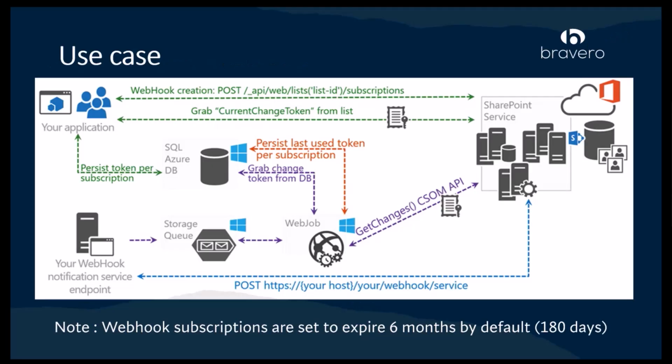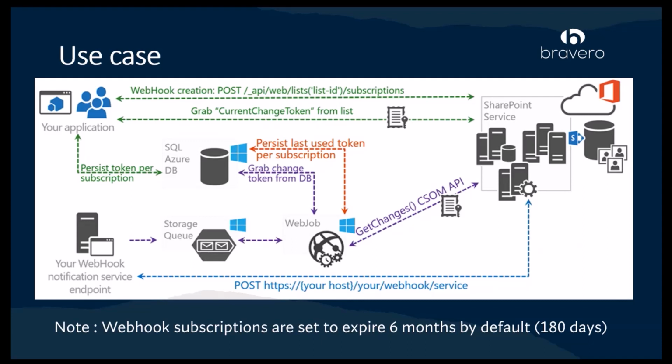So the use case that I have used is from the Microsoft documentation itself. I have not completely implemented this, but I have implemented it in a similar way as shown here in the diagram. I have created a SharePoint webhook as an Azure function, which uses the HTTP trigger.